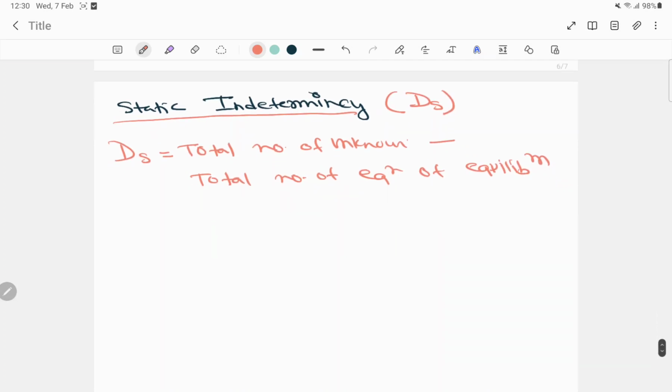I'll take the example of a simply supported beam. In a simply supported beam, one side is a hinge support and the other side is a roller support. In case of the hinge support, there will be two unknown reactions: a vertical reaction and a horizontal reaction. In case of the roller, there will be only one unknown reaction, in the vertical direction.